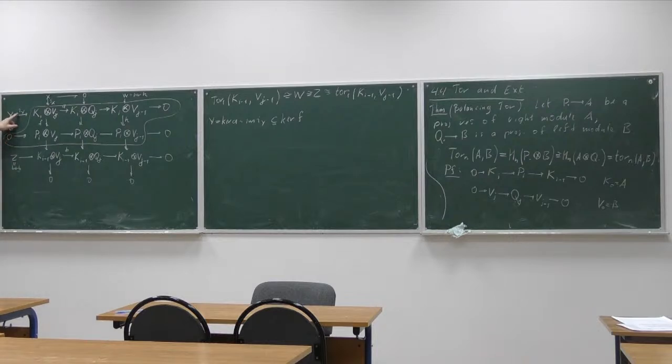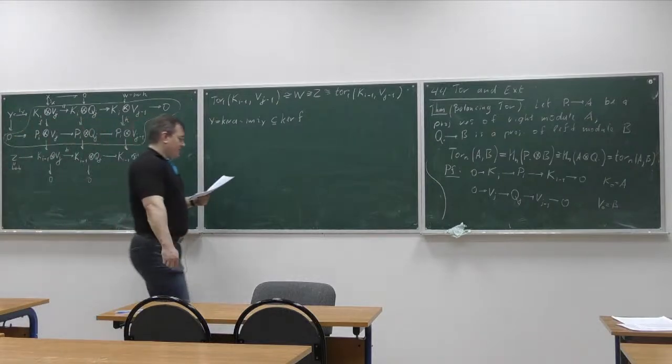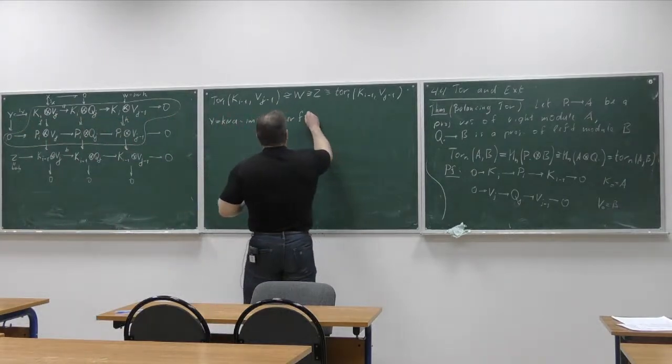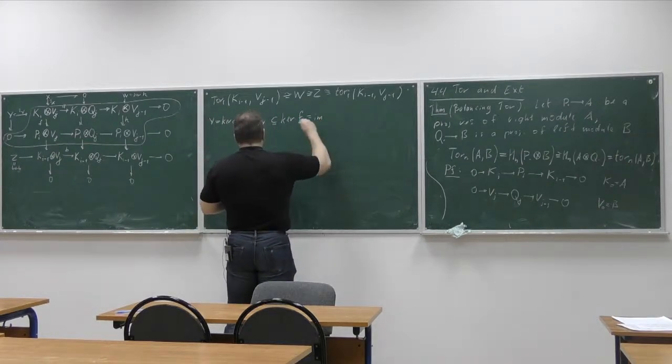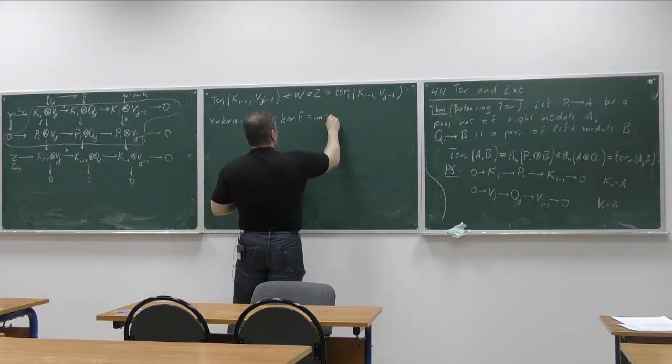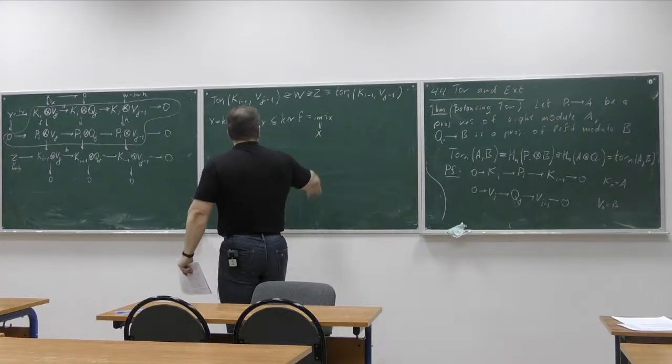So the image of this map is in the kernel of F. That is because this composition is 0. So if the composition of these two maps is 0, then the image of the first is contained in the kernel of the second. So this is contained in the kernel of F. The kernel of F is the same thing as the image of iota sub X, which of course can be identified with X.